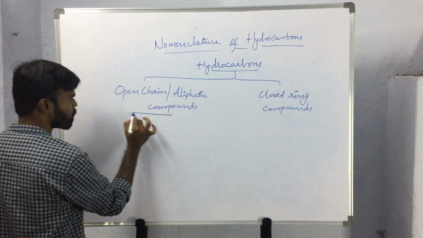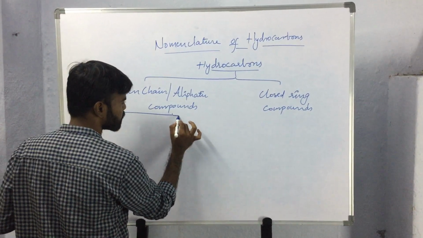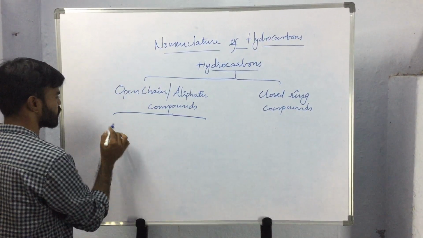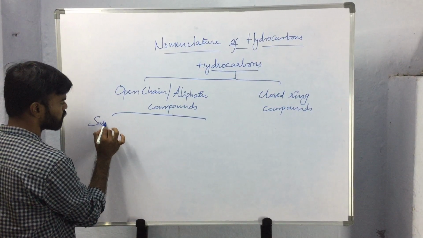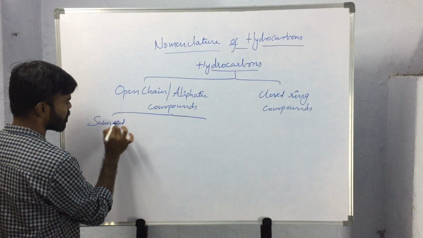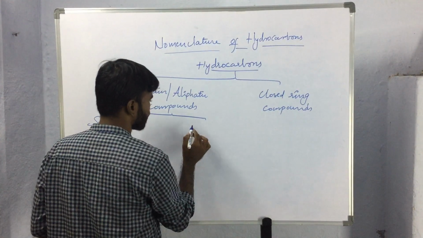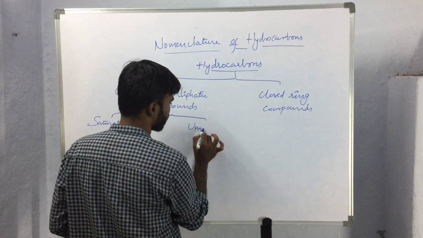These open chain compounds, based upon their state of saturation, are further classified into saturated and unsaturated compounds.